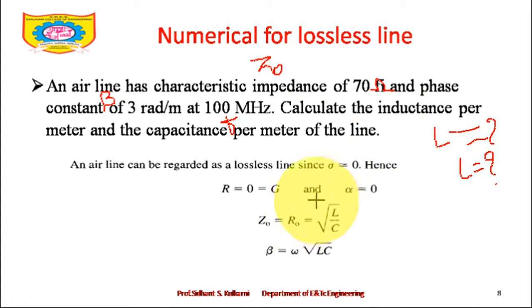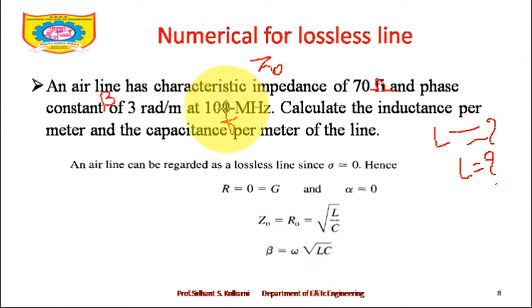So this is a case of a lossless line, and for a lossless line alpha becomes equal to 0, and Z0 equals R0 equals under root of L by C. This Z0 I know, what is Z0? 70 ohm. So 70 ohm is equal to under root of L by C. The value of beta I know, it is 3 radians per meter, equal to omega, 2 pi f.